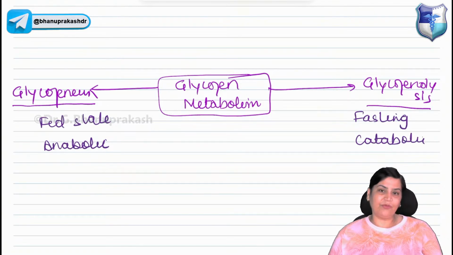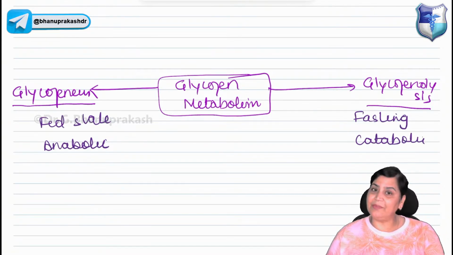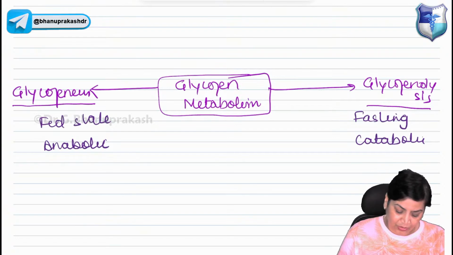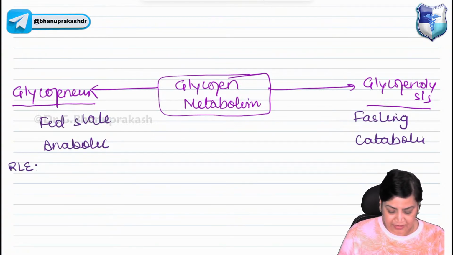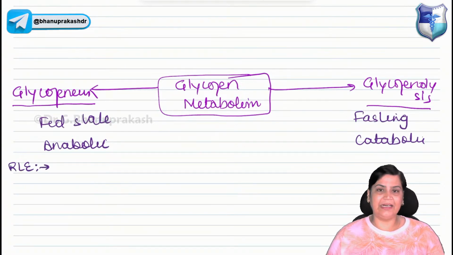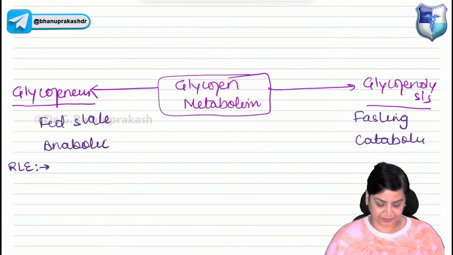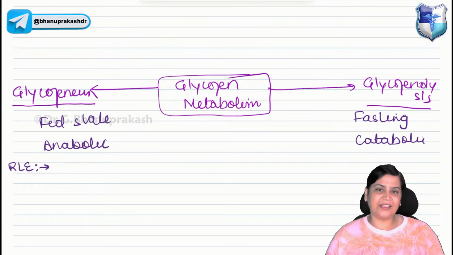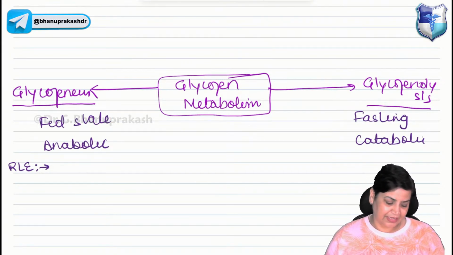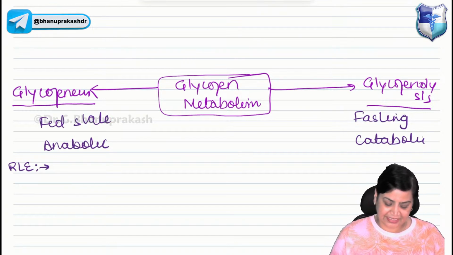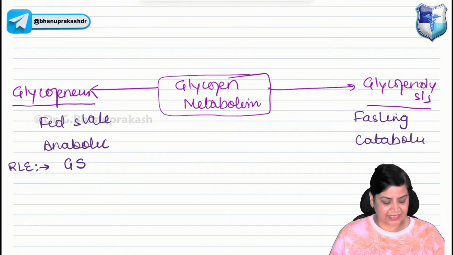Now, quickly tell me what is the rate limiting enzyme in glycogenesis? Now, I think you should be able to answer. Which is synthesis of glycogen. I have given you this hint also. Quickly tell me. Yes, very good, Animesh. It is glycogen synthase. Very good.